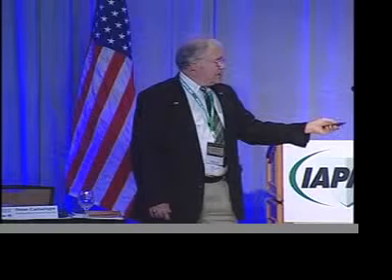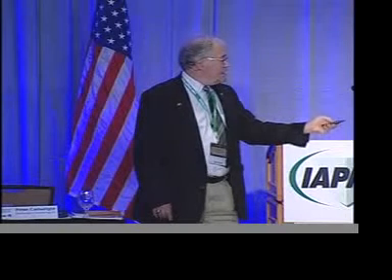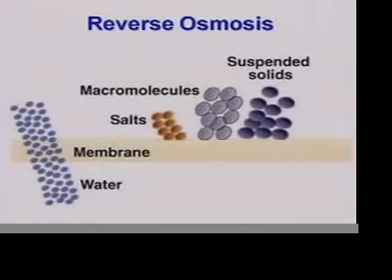And reverse osmosis, which is the, quote, ultimate. It will reject salts, macromolecules, and suspended solids. And reverse osmosis and nanofiltration reject based on a percentage. They are not 100% effective.